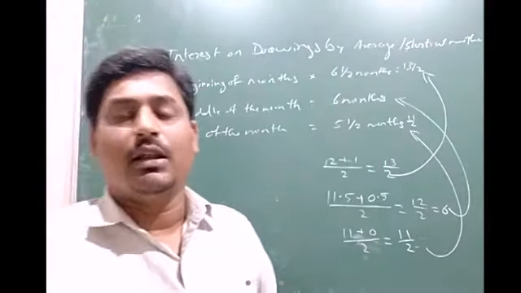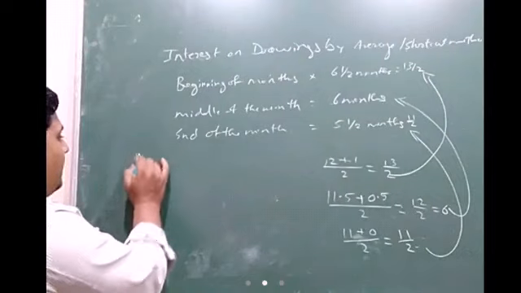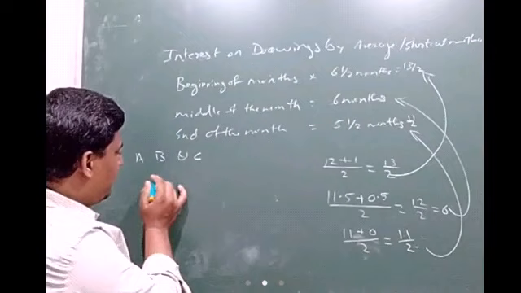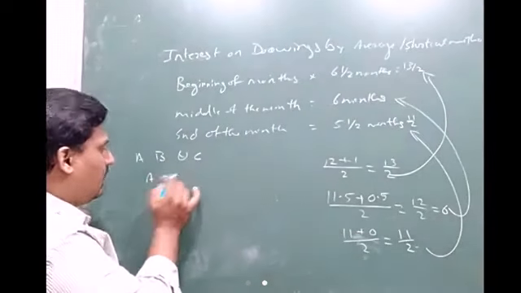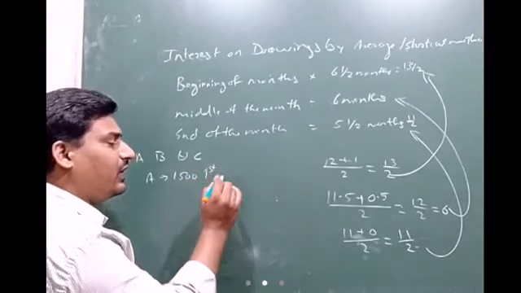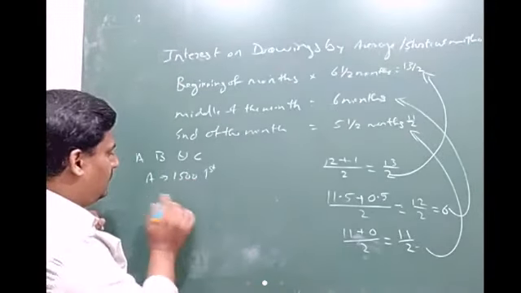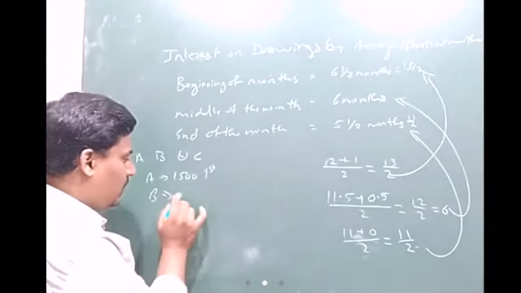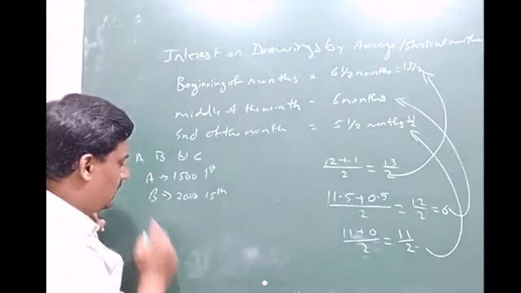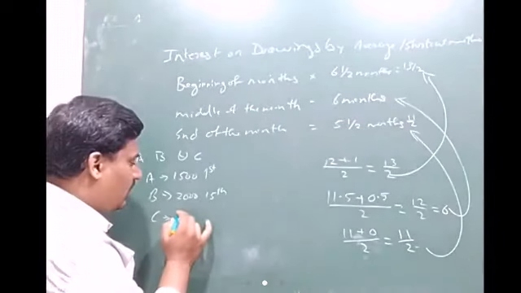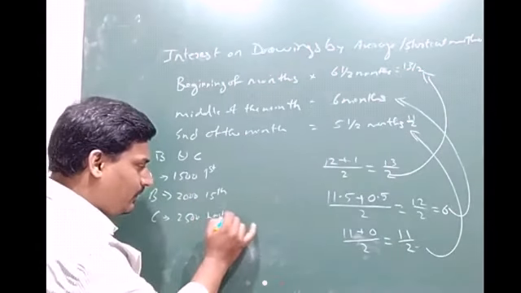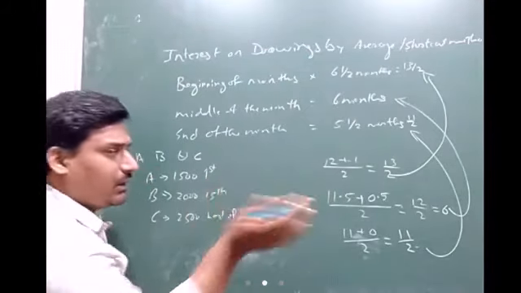Now let us take a problem. A, B and C are partners. A is withdrawing 1,500 on the 1st of every month. B is withdrawing 2,000 on the 15th of every month, and C is withdrawing 2,500 on the last date of every month.